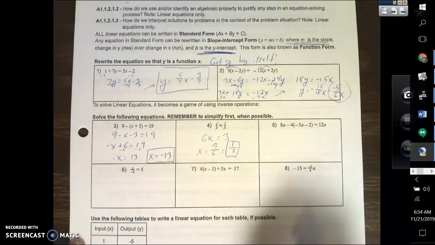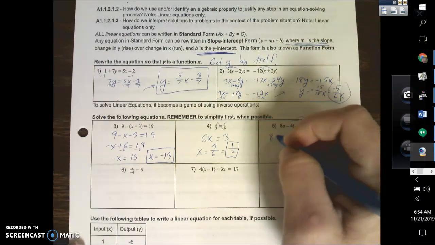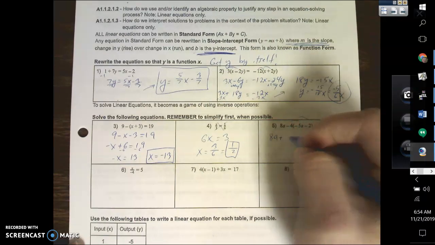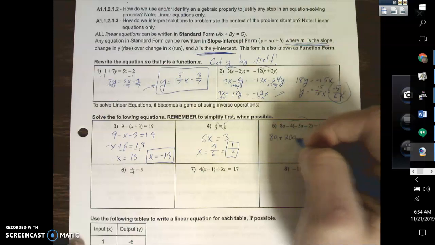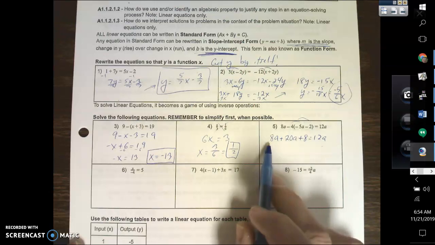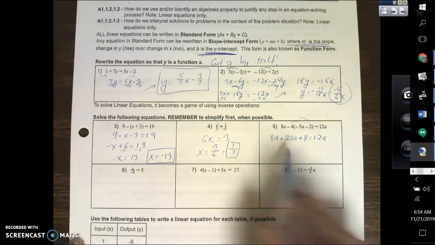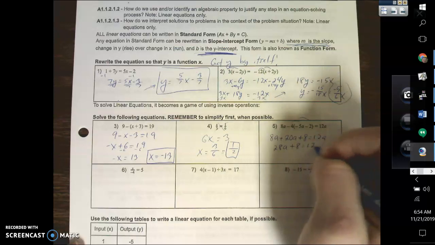Very nice. We can distribute the 4 in. So 8a plus, be careful with your signs, I almost fell for it, 20a plus 8 equals 12a. 8a and 20a are on the same side, so that's 28a plus 8 equals 12a.